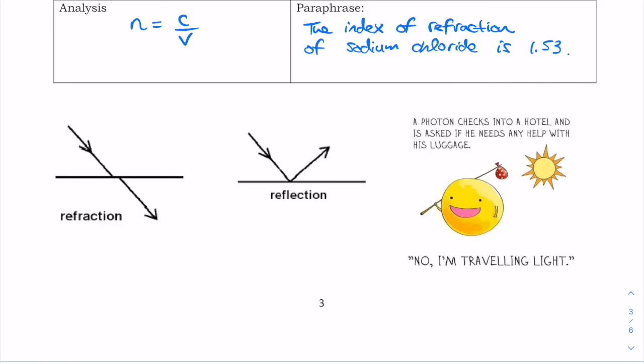Okay, so just as a summary over here, we learned about two ways that light can interact with the surface, refraction and reflection. We should sketch the normal as well, which is that dotted line that's at a 90-degree angle to the surface. So in the case of refraction, light passes through the material.